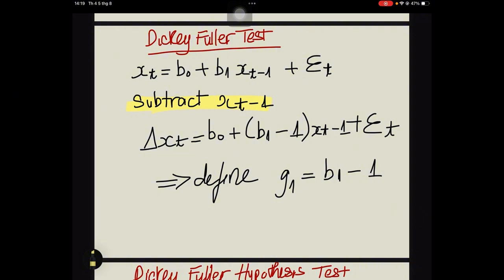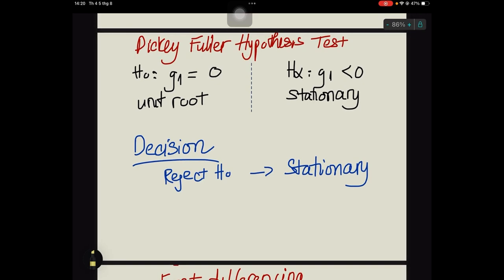The entire test focuses on whether this new coefficient is 0 or negative. Why? Because if b_1 equals 1, then g_1 equals 0, which means there is a unit root. The null hypothesis: the series has a unit root. The alternative hypothesis: the series does not have a unit root.